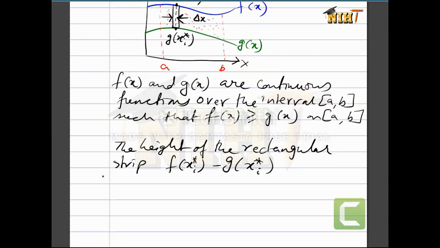The width of the rectangular strip is equal to delta x.